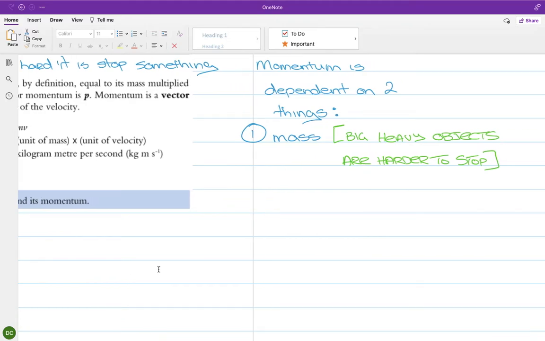Okay, and the second thing they're dependent on is velocity. So fast objects are harder to stop.